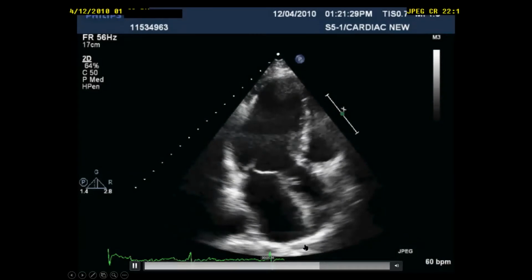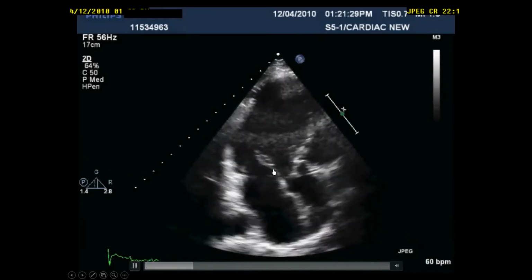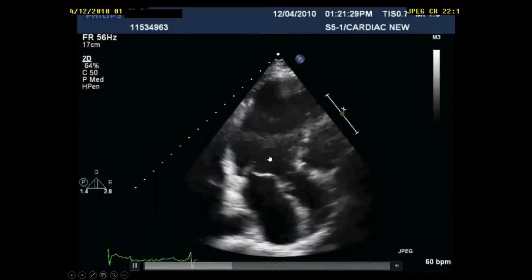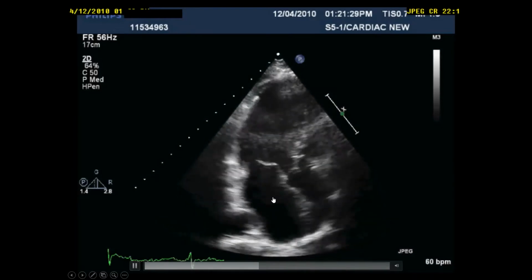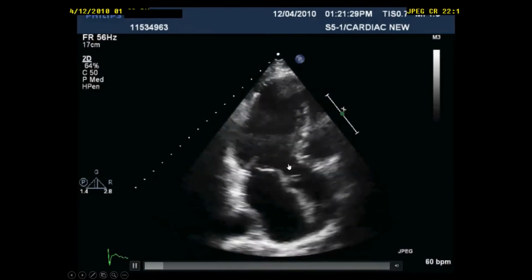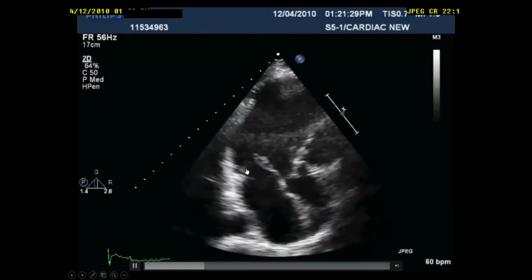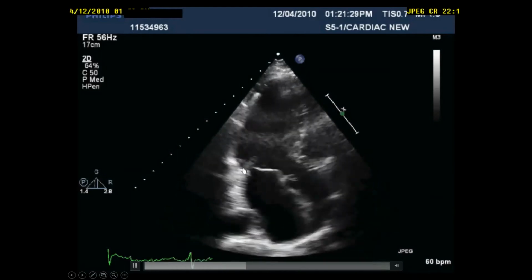The other thing you could observe in this echo has to do with the mitral valve. What is abnormal in the mitral valve here? Prolapse. Of what? Anterior. Yes, there is anterior leaflet prolapse. What about the posterior? Tethering and retracted. Thank you.